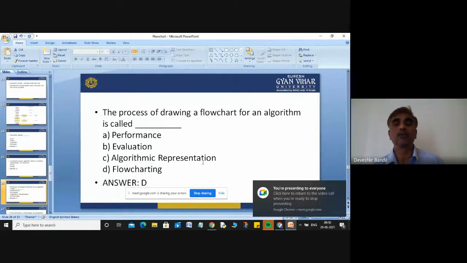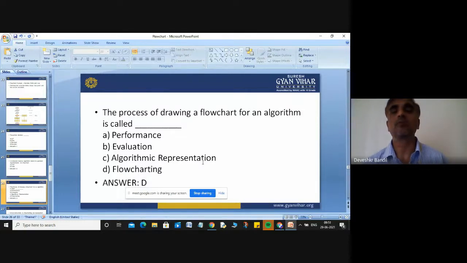Another question is: the process of drawing a flowchart for an algorithm is called. When you draw the flowchart, the process of drawing a flowchart for an algorithm is called flowcharting, not performance, not evaluation, not algorithmic representation.